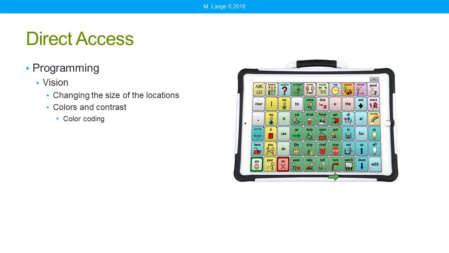This allows for some coding as well. So here, verbs appear to be highlighted in green, or not really truly highlighted, but the background is in green, and that helps the client. Speaking of highlight, when the client makes a selection, sometimes a highlight appears almost similar to this green outline here on yes. That can provide some additional feedback as well.